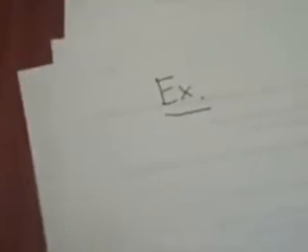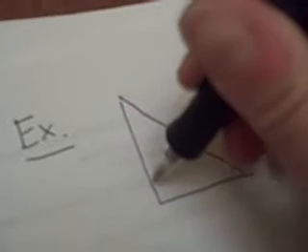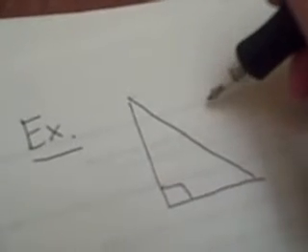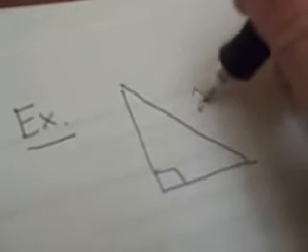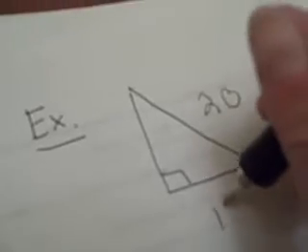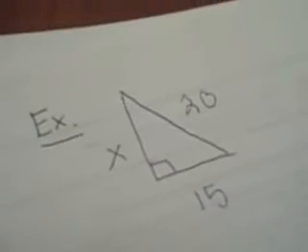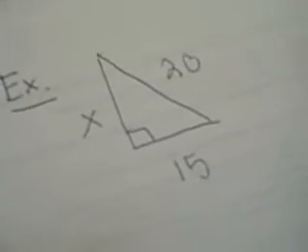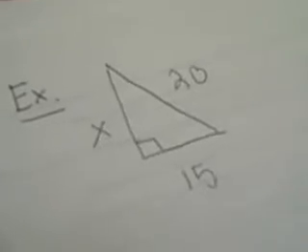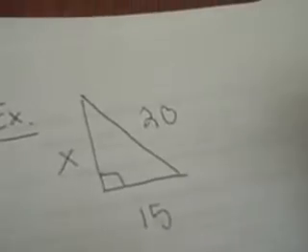Let's try one more example with the Pythagorean Theorem. Okay. In this picture, we still know two sides of a right triangle, which means we can use the Pythagorean Theorem.